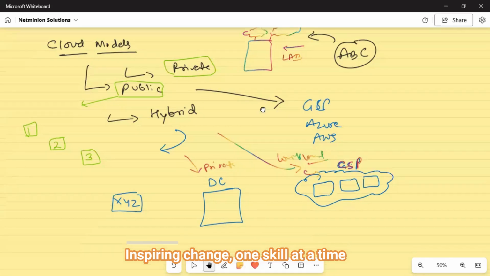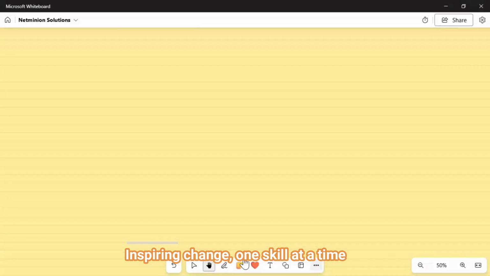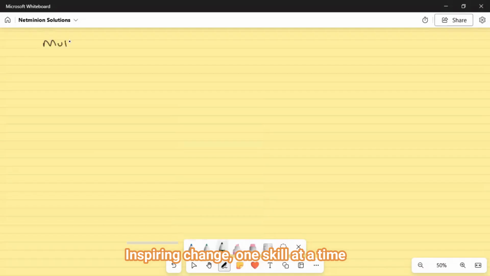Now, not only these three models I talked about, let me talk about some more, because the trend is going with more. There is one more thing which people are using a lot nowadays, and that is named multi-cloud. So this is a fourth, or increasingly likely, scenario.